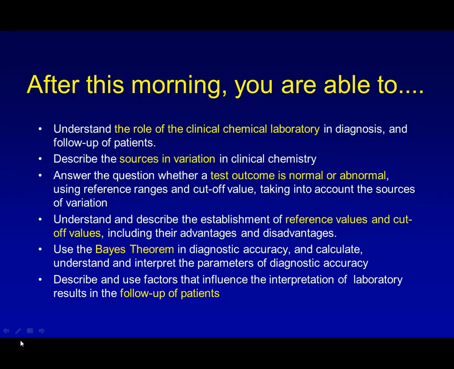You are also able to understand and describe the establishment of reference values and cutoff values, including their advantages and disadvantages. You should be able to use and to apply the Bayes theorem in diagnostic accuracy and calculate, understand and interpret the parameters of diagnostic accuracy.